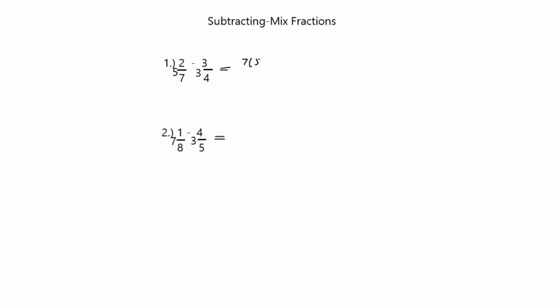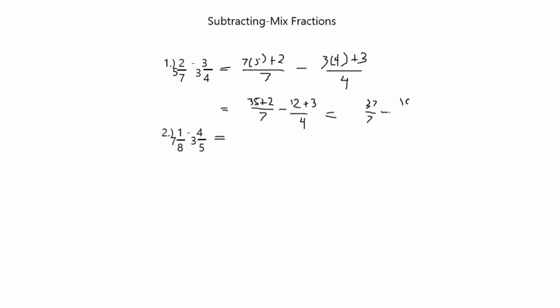So 7 times 5, let's rewrite this, plus 2 over 7 minus 4 times 3 plus 3 over 4, so that it's easier for you to see, and then do the math. 7 times 5 is 35 plus 2 over 7 minus 4 times 3 is 12 plus 3 over 4. 35 plus 2 is 37 over 7 minus 12 plus 3 is 15 over 4.